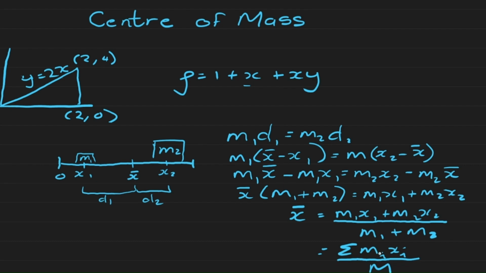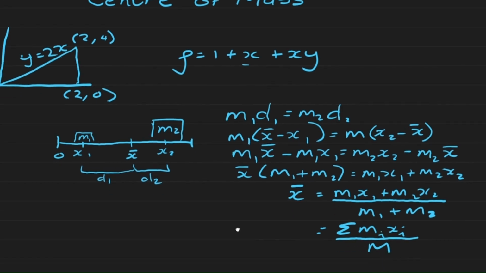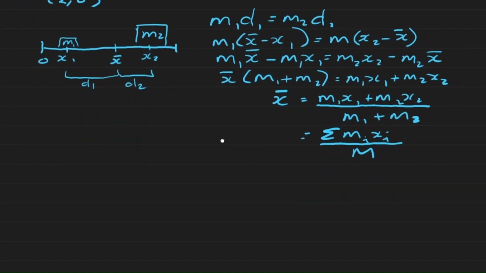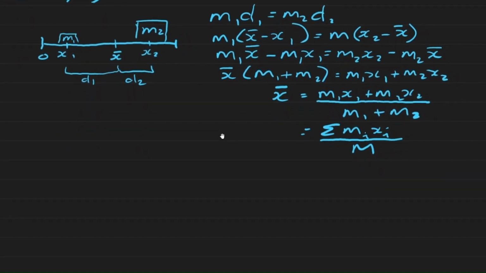This quantity in the numerator, the product of mass and position, is given the name the moment, called the first moment. To find the center of gravity or center of mass of any object, we need to take its moment. So there are two quantities we need to determine: the moment and, of course, the total mass.